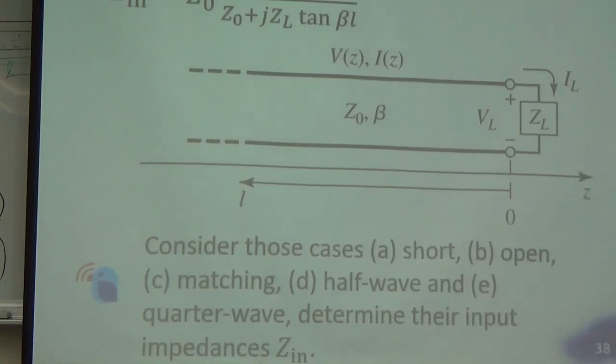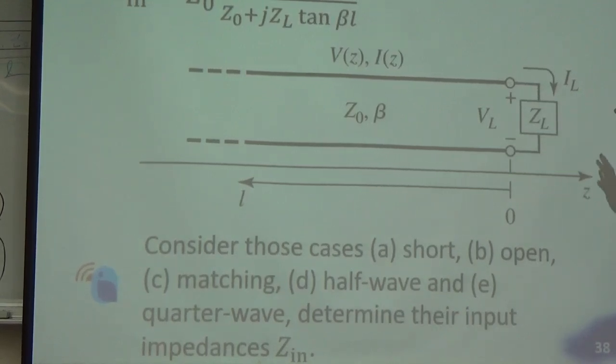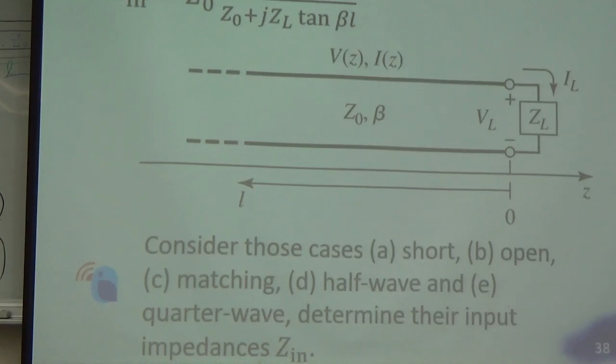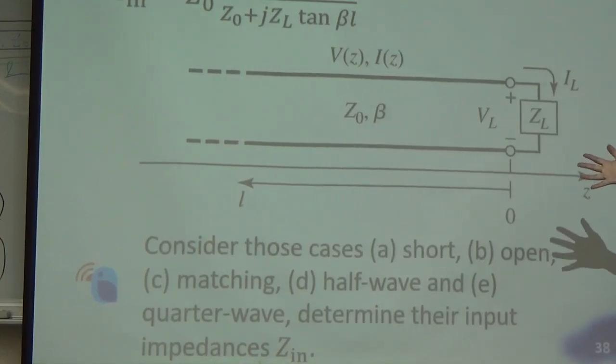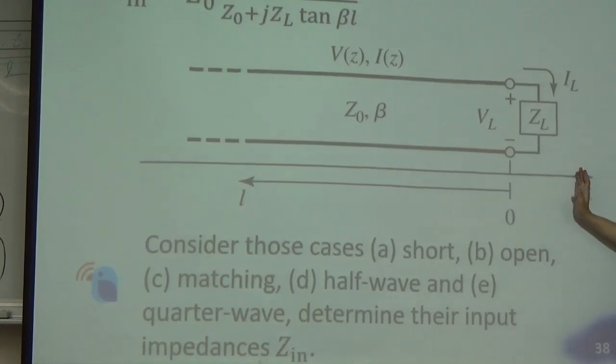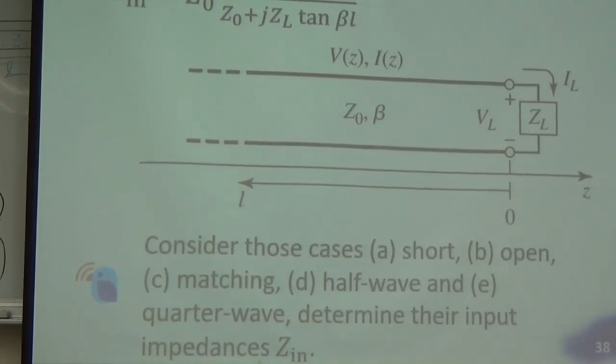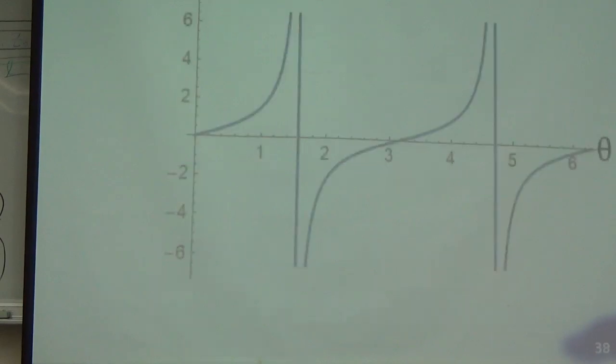Okay. Spend some time to go through all the details to make sure you can understand. Then we can start to go through these 5 cases. So this is the more beautiful tangent theta. I derived that using Mathematica, the software.